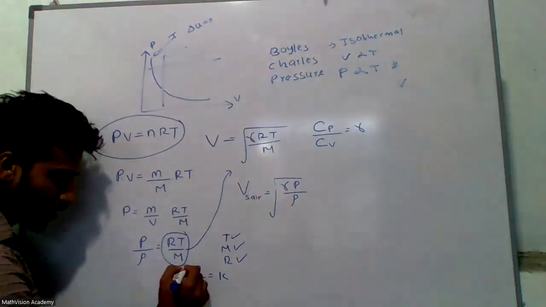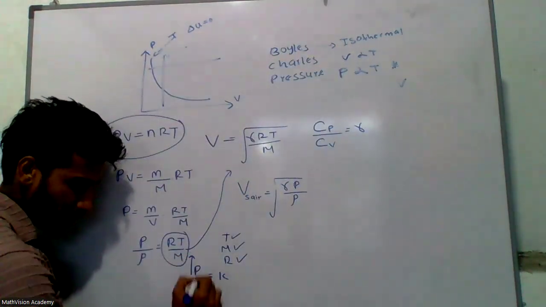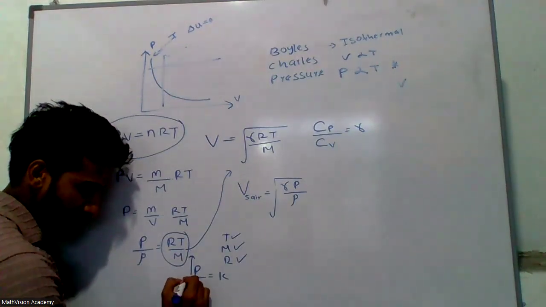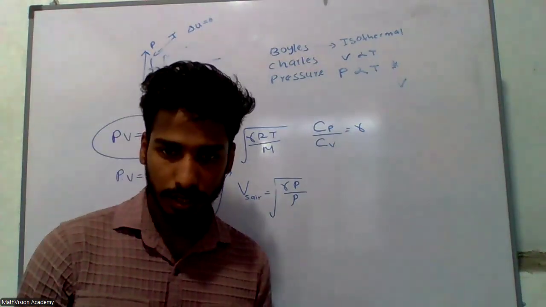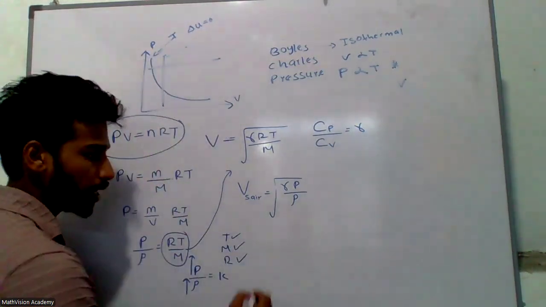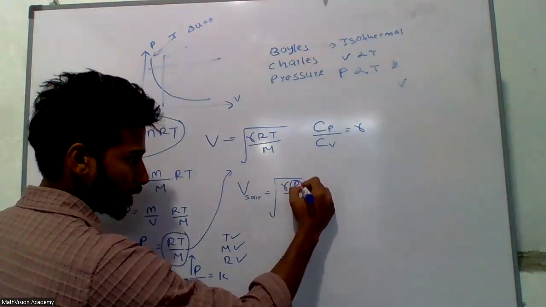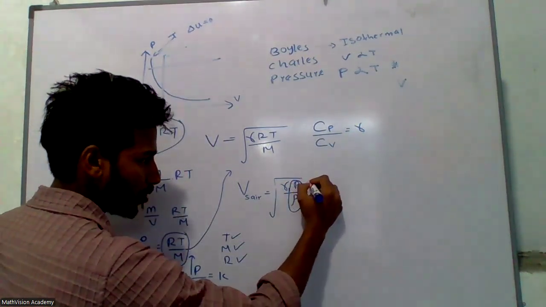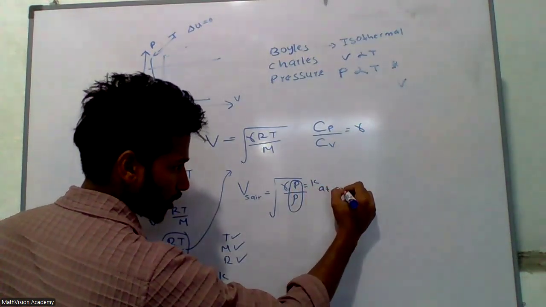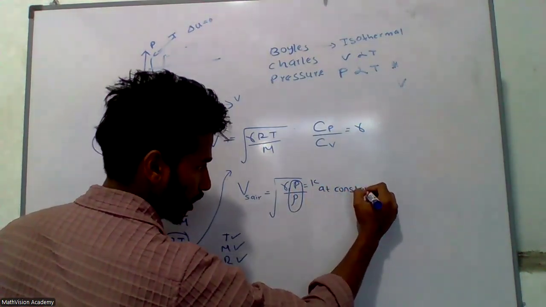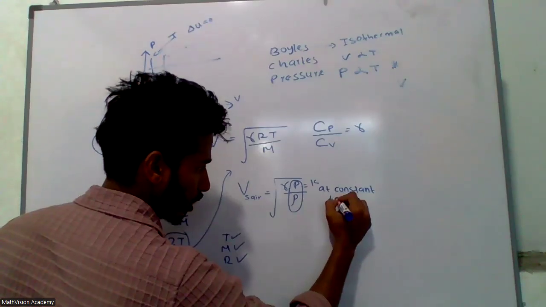Which means if you increase the pressure, the density is also going to increase to maintain this as a constant. So in our statement A, this pressure over density part will remain a constant at constant temperature.